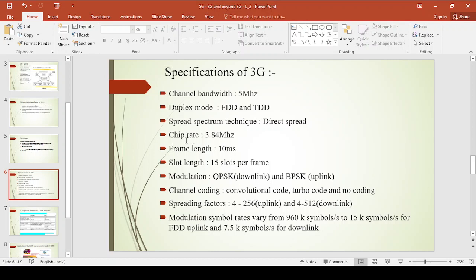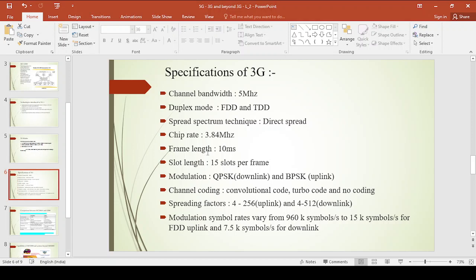That chip rate is 3.84 megahertz, which means 3G provides a maximum chip rate.